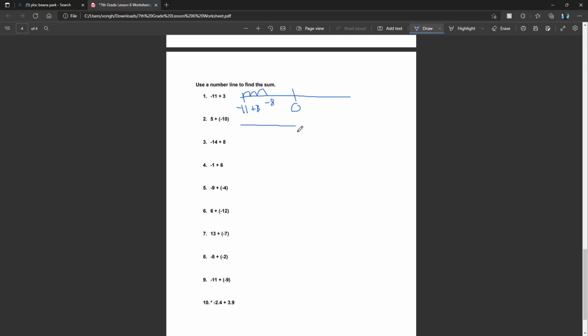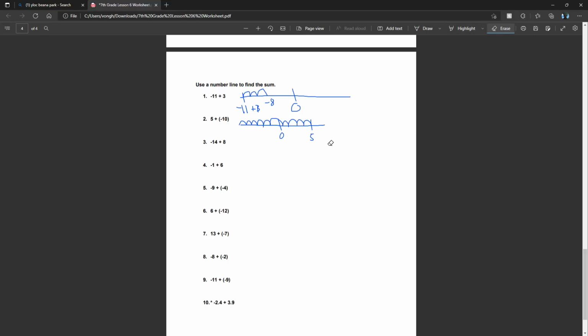So same thing for number 2. It's 5 plus negative 10. So let's draw 0. 5 is around here. If you go to negative 10, that's like 1, 2, 3, 4, 5, 6, 7, 8, 9, 10. Let's just say this is accurate, but it's not. So 5, wait, hold on.